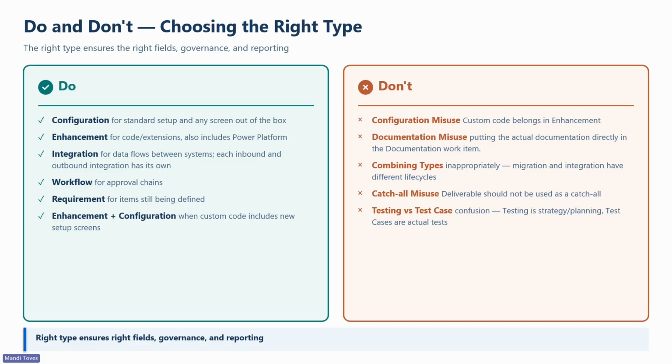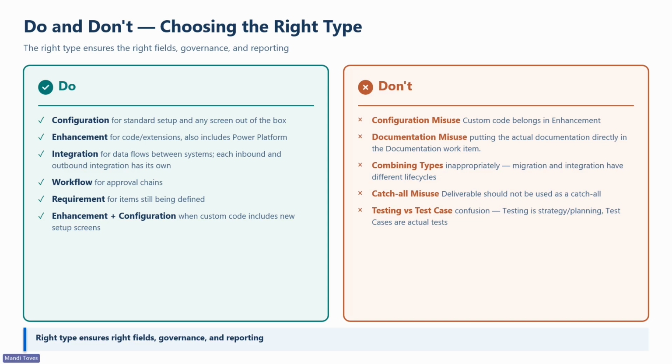This task is intended to be the task that you need to create the documentation, but typically you are documenting the actual business process, scenario, or system process, and the documentation should go directly on the topic or work item type you are documenting. Combining types: migration and integration have different life cycles, so don't merge them.